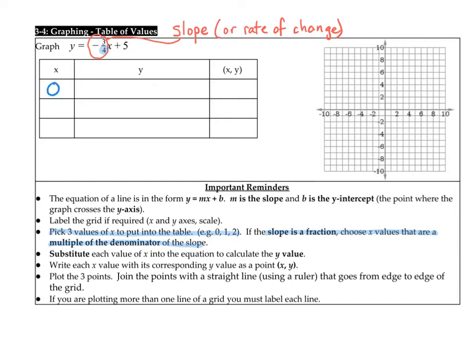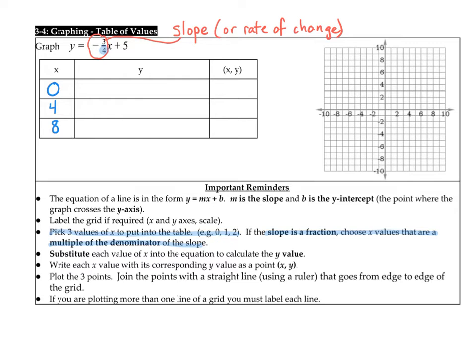So I would say 0, 4, and 8. It doesn't really matter which values of x you choose, but it makes the math a lot easier if you can pick values of x that are multiples of the denominator. Otherwise, if there is no denominator, you can just pick the values 0, 1, and 2.